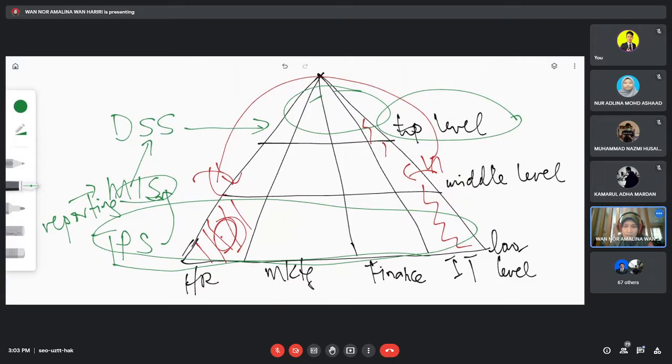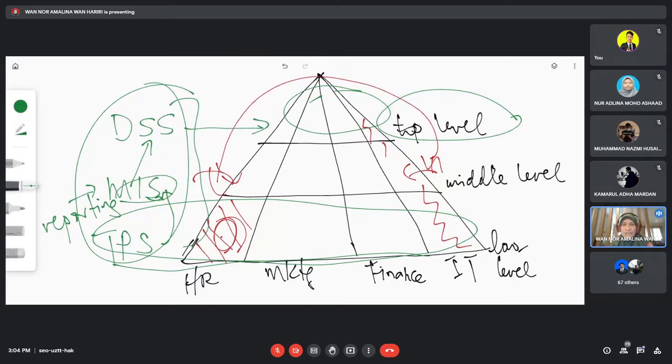Okay, so my intention here is to explain where the types of IS are being used in the organization. But please remember that these names are generic names. The organizations may have the names of the systems of their own, and the system might be a combination of all this.